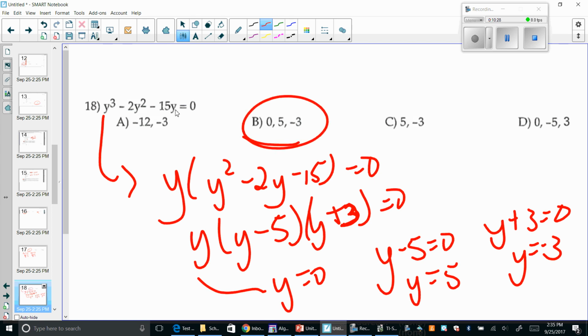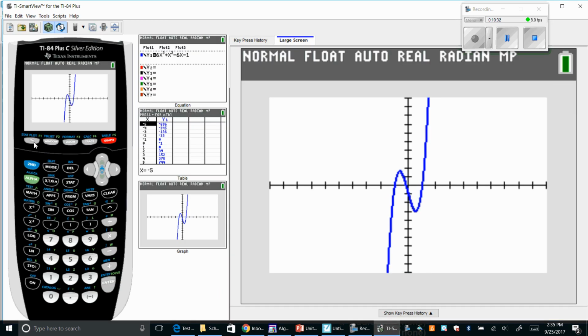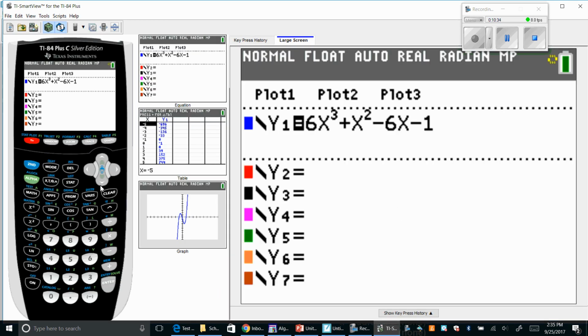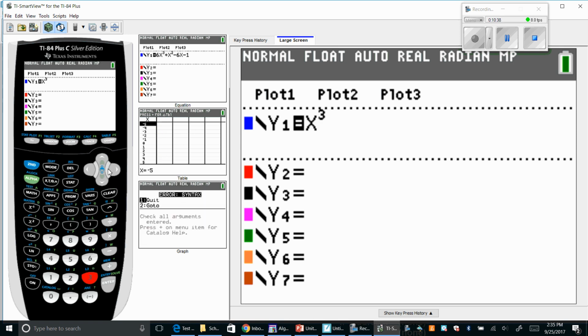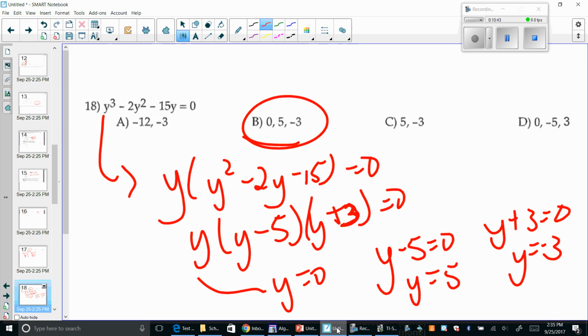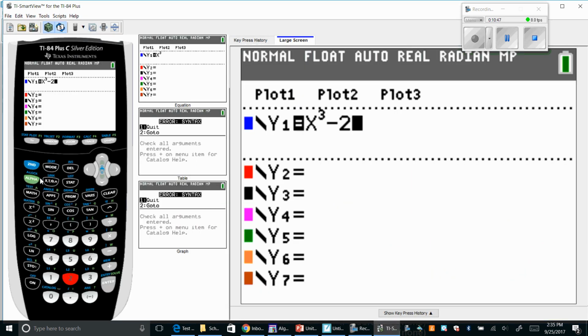You can also type this in your y equals in your calculator: y cubed minus 2y squared minus 15y. My only problem with doing that here is I'm going to use x. x cubed minus 2x squared minus 15x.